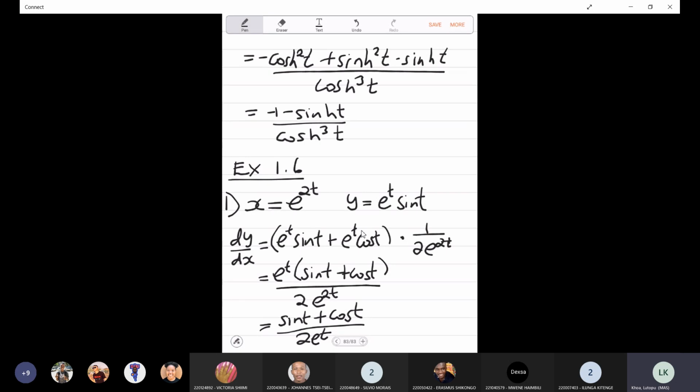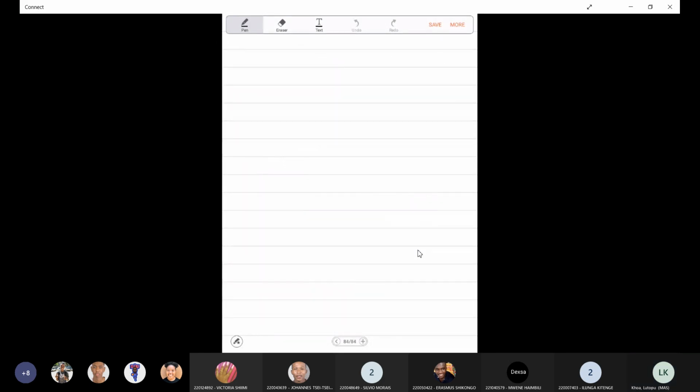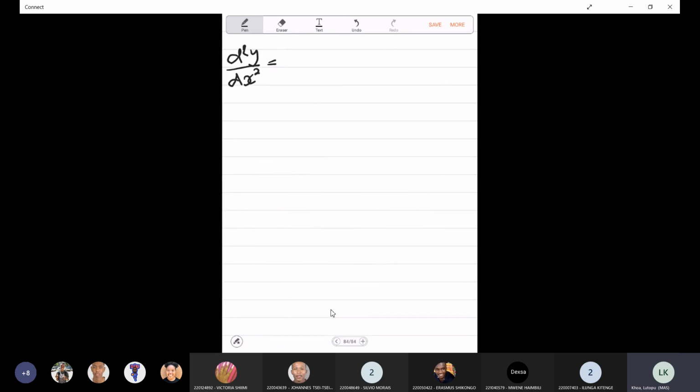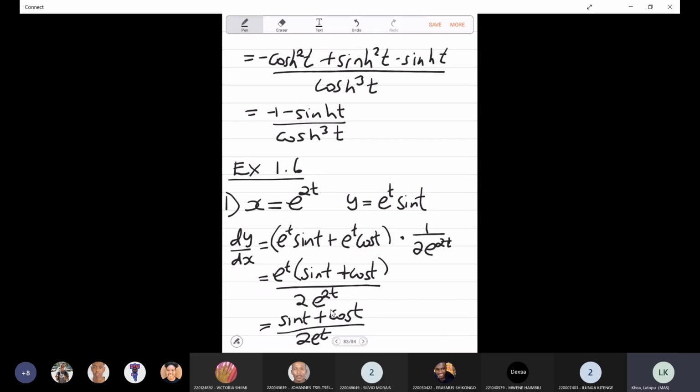Then we want to work out the second derivative. For the second derivative, we have to differentiate this with respect to t and then divide by dx/dt. So d²y/dx², we're going to differentiate it using the quotient rule: the denominator as it is multiplied by the derivative of the numerator, so we have 2e to the t, then the derivative of the numerator, which is cos t minus sine t, and then minus the numerator as it is multiplied by the denominator's derivative.